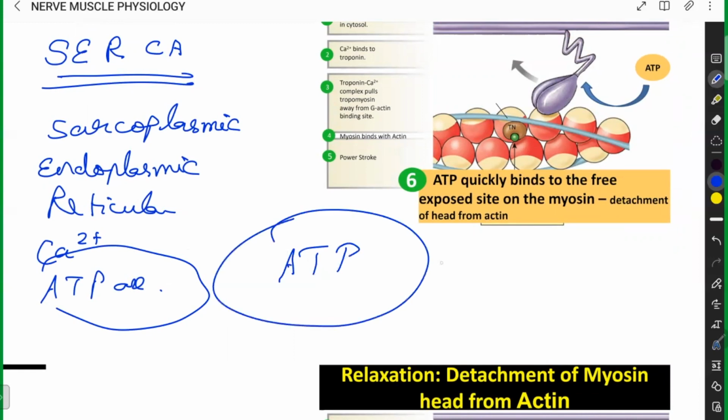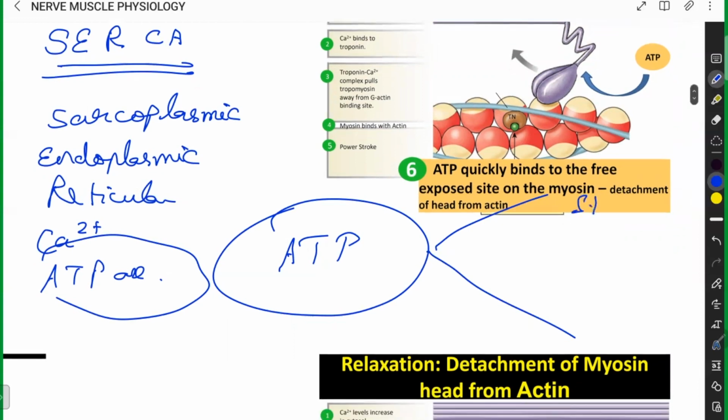So for two places, an ATP molecule is required. One, for completing your contraction. To stop your contraction, you need ATP; that is the interaction between your actin and your myosin. Similarly, you need ATP for your SERCA to act. Okay, that's all. So this is what you need to understand.